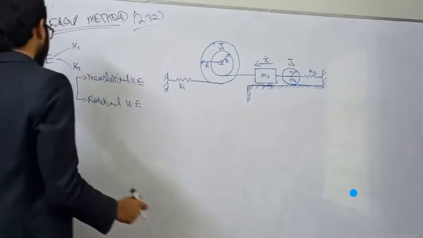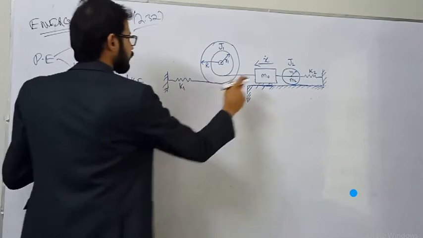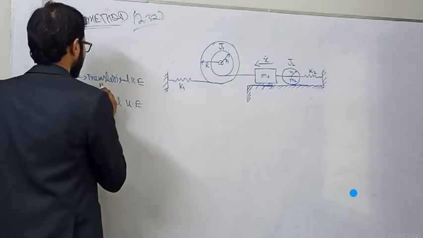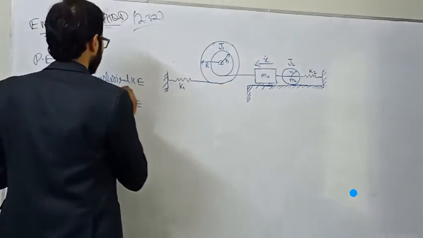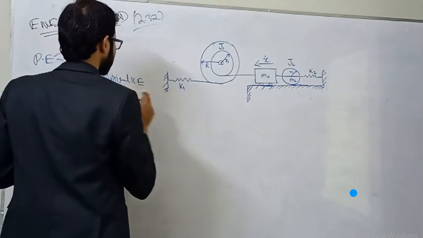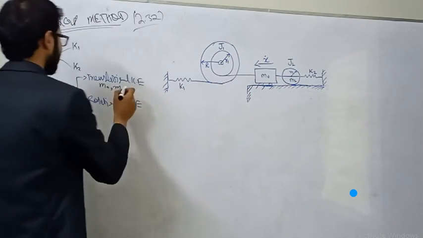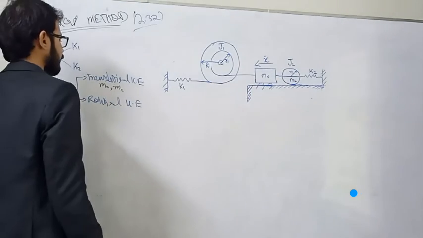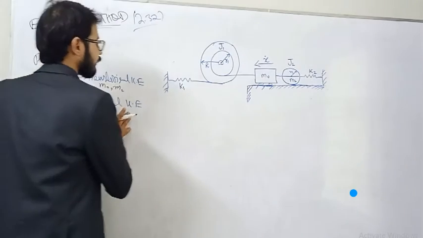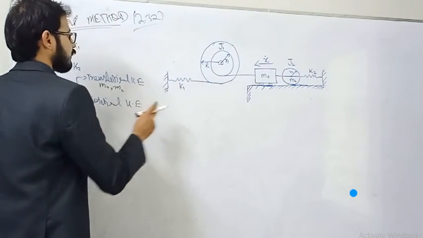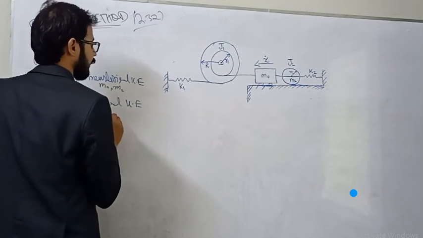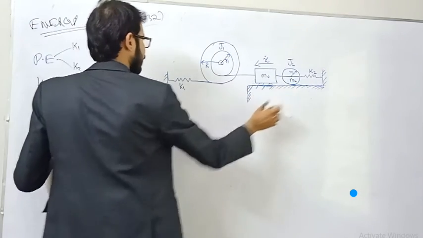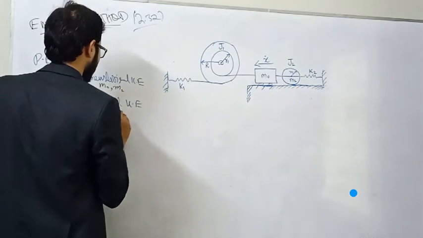So the possible translational motions are because of mass m0 and disk m2. So translational kinetic energy will be because of mass m0 and disk mass m2, and rotational kinetic energy is associated with the disk having moment of inertia j1 and the disk having moment of inertia j2.